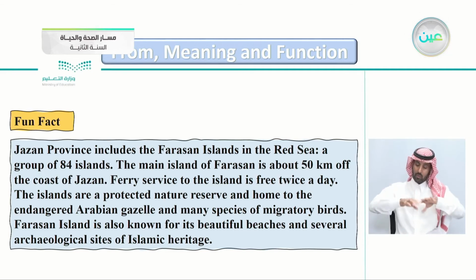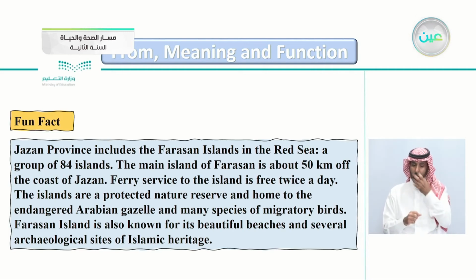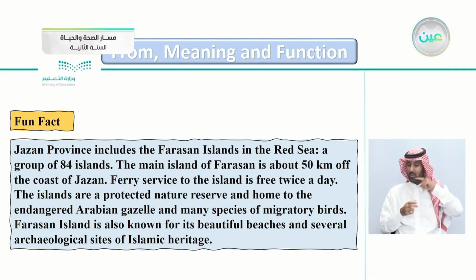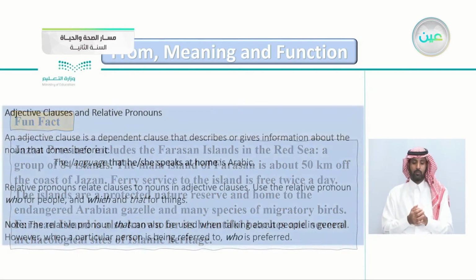The islands are a protected nature reserve and home to the endangered Arabian gazelle and many species of migratory birds. Farasan Island is also known for its beautiful beaches and several archaeological sites of Islamic heritage. So this is a fun fact about the Farasan Island.